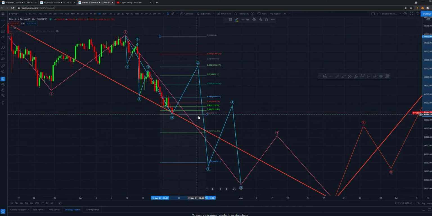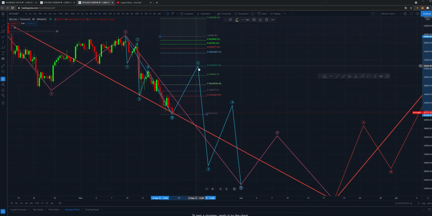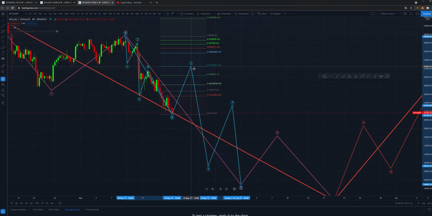And usually those wave 2 have 2 destinations. They have the 0.618, which is this golden fib right here, and you have the 0.85 at 56. Okay, this will become a trap zone if we are in this bearish scenario.